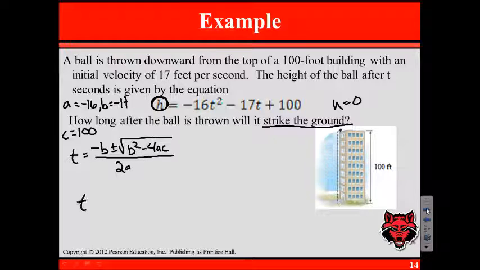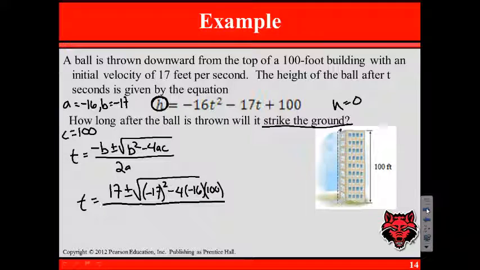So plugging in will give us t equals negative b, or negative negative 17, which gives us a positive 17, plus or minus the square root of negative 17 squared minus 4 times negative 16 times c, which was 100, all divided by 2 times negative 16.